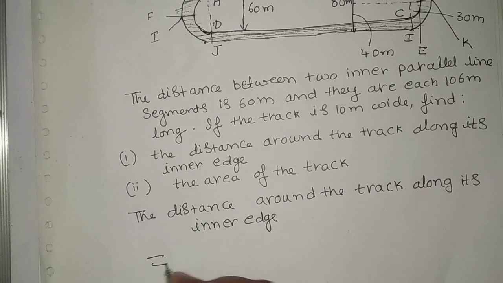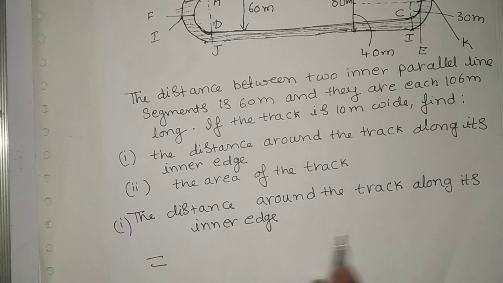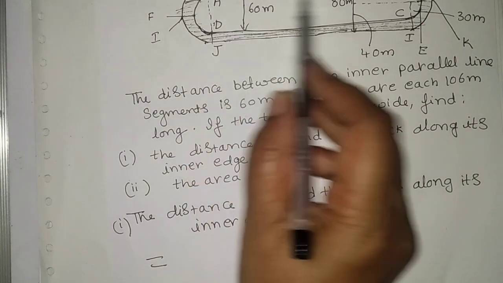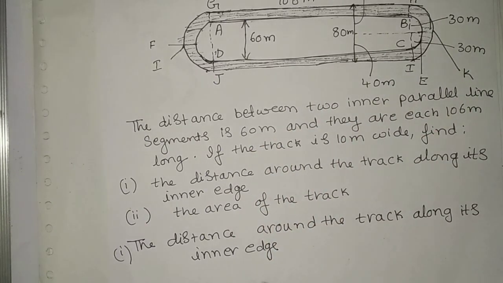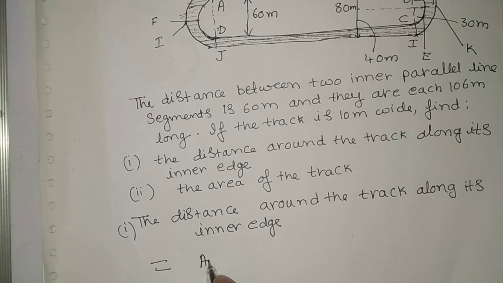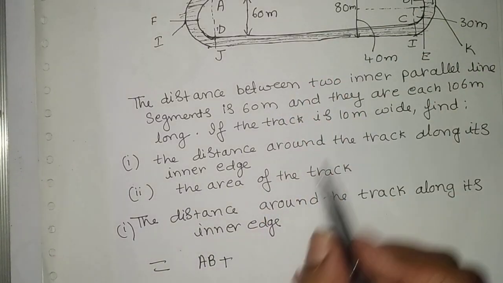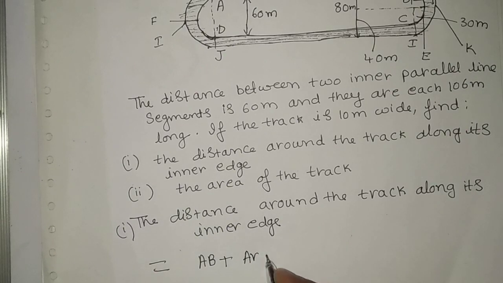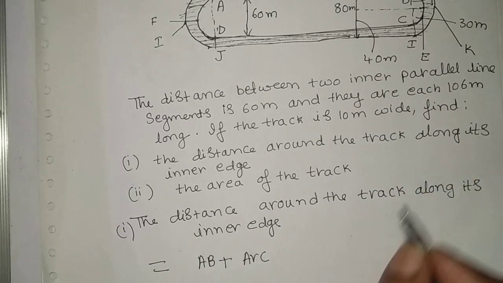This is equal to, the first part, the distance around the track along its inner edge. First we have to take the straight line AB, the parallel line. Then the arc, which one?